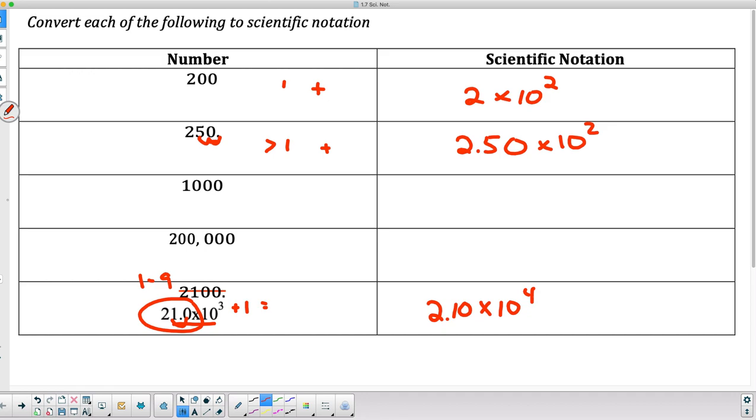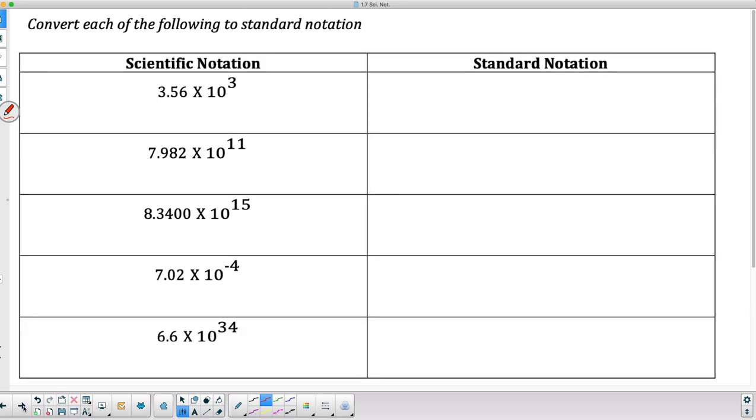Okay, good. Let's take a look at what happens when we go from scientific notation to regular notation. Here's the next part. I have a number in scientific notation with a positive exponent, which means I'm going to make this number larger, more than 1, and I do that by moving it 1, 2, 3 places to the right.